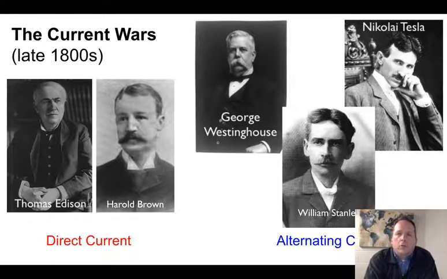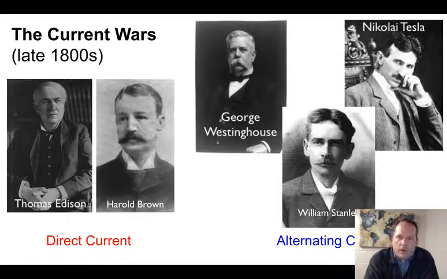So this low voltage DC was not as dangerous in the home. So Edison was championing DC methods of delivery. And he worked with an engineer named Harold Brown, who was the public face of much of the wars over which kind of current we should be delivering.